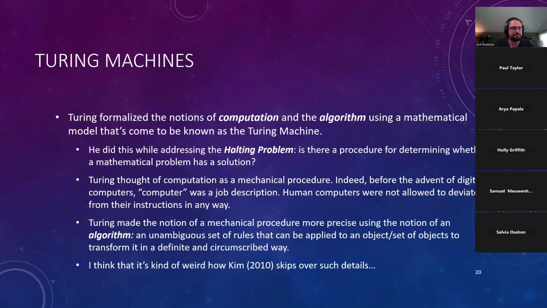He did this by borrowing the notion of the algorithm, which is an unambiguous set of rules that you can apply to a set of objects to transform that set in a definite and circumscribed way.